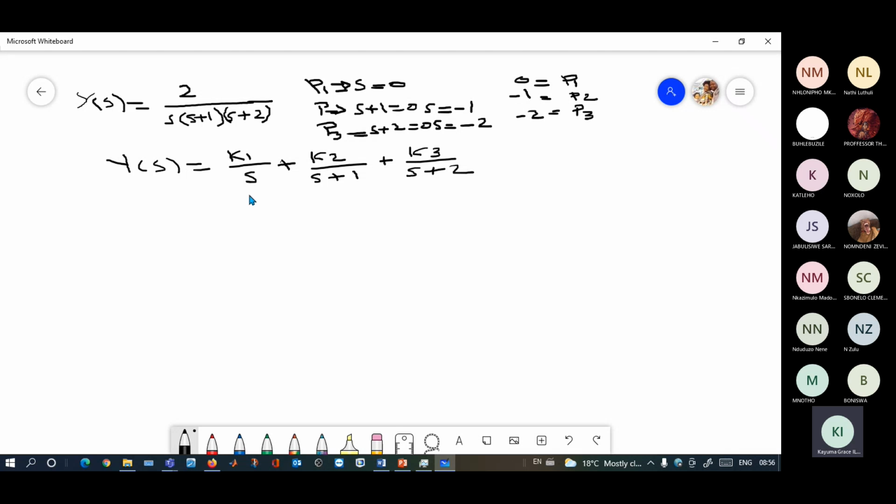So we have this partial fraction. Now we have to use the Heaviside method to find K1, K2, and K3. So let's go for K1.